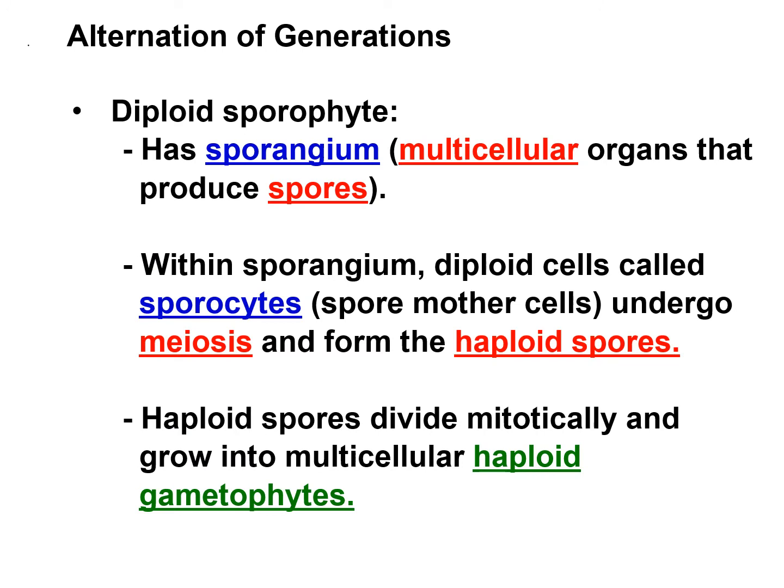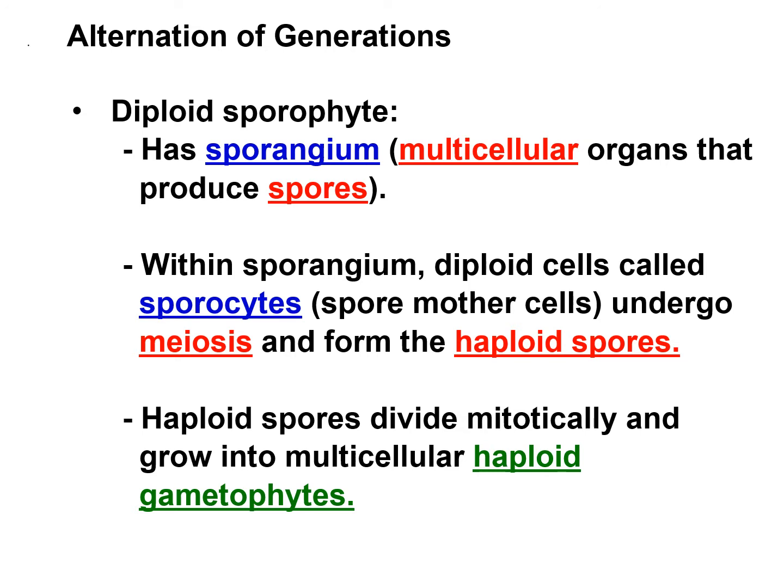Okay, the diploid sporophyte has a sporangium which contains spores. In the sporangium, the diploid cells called sporocytes will undergo meiosis and form haploid spores.